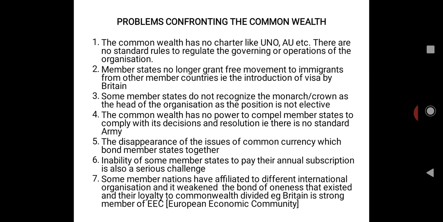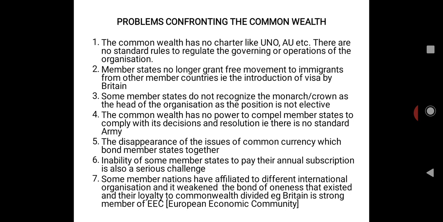Number one problem that confronts the Commonwealth of Nations is that this association has no charter. It has no charter like that of the United Nations, the UN, or the African Union, the AU, etc. There are no standard rules to regulate the governing or operation of this organization.